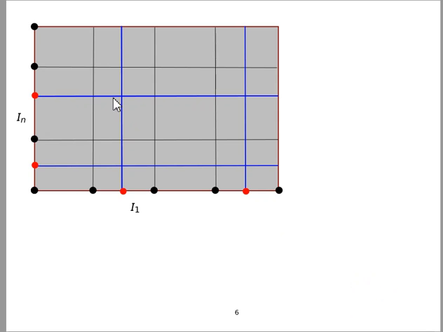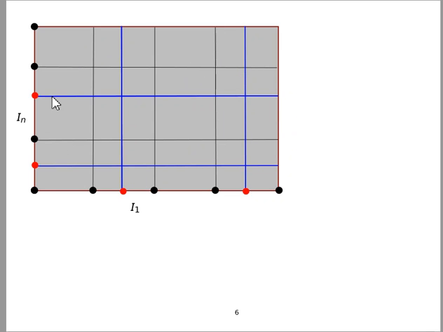The sub-rectangles are all the small rectangles here, with edges blue, red or black. Altogether we have 6 by 5, so 30 sub-rectangles here.